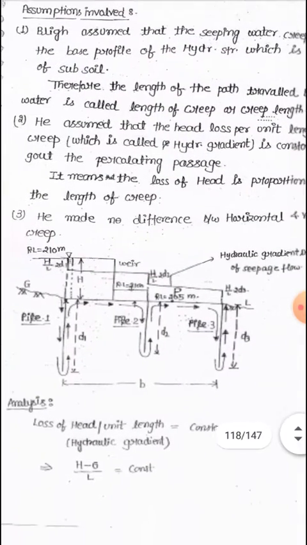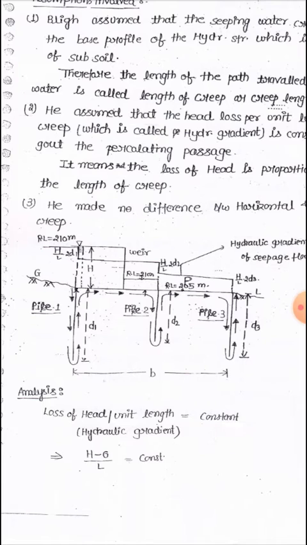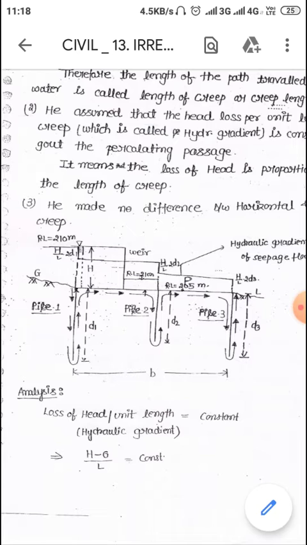As you can see in the figure, the percolating water from the upstream side, from the upstream sheet pile, follows the outer line or outer periphery of the base of the structure in contact with the subsoil, and the length of the path traversed by the percolating water is called creep length.